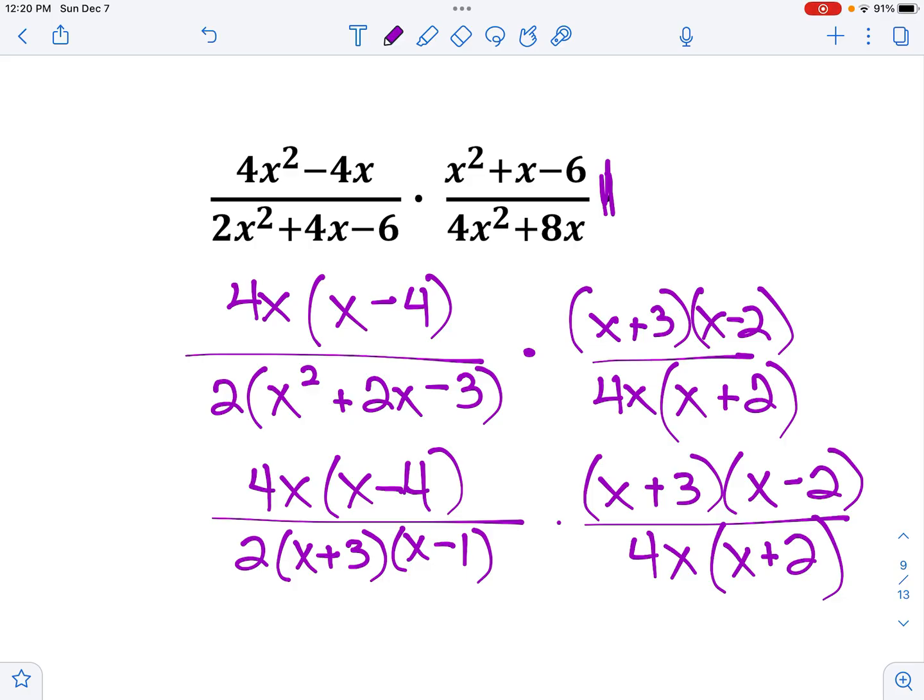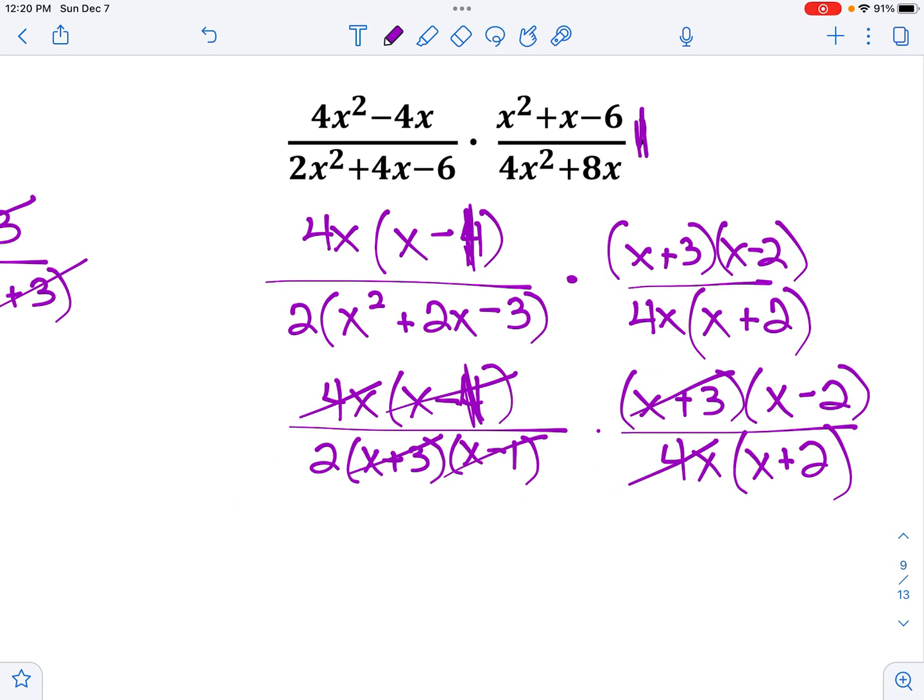Oh, this should be a 1. Okay, that's a 1. So then these and these cancel out. I see x plus 3, x plus 3, 4x and 4x. Do I have anything else? No. Okay, so I end up with x minus 2 over 2 times x plus 2.